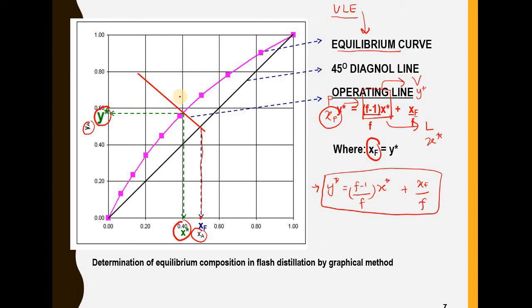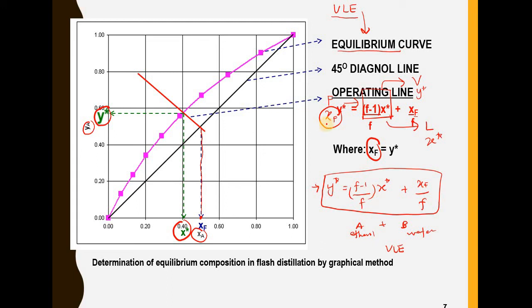For example, if I have a mixture of A plus B, where A is ethanol and B is water, I want to separate ethanol and water, and I want ethanol as my focus component. For the ethanol and water system, they will provide you with the VLE data. From the VLE data, I will construct the equilibrium curve, the purple one.